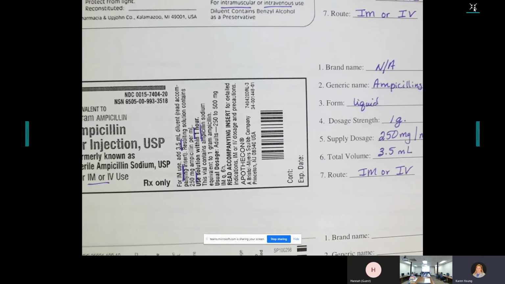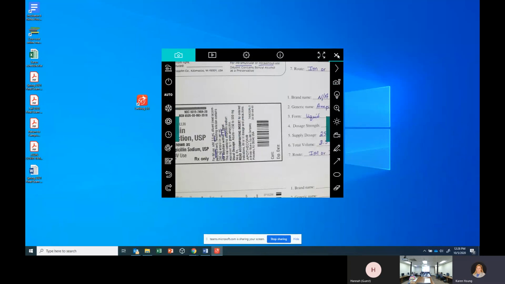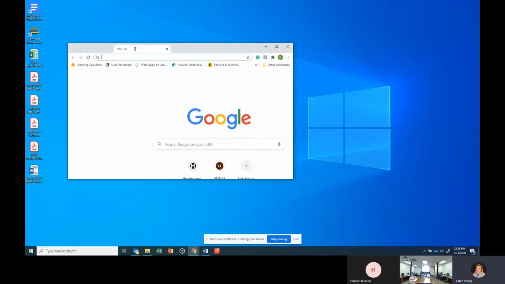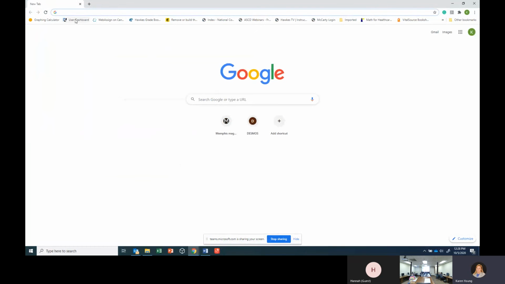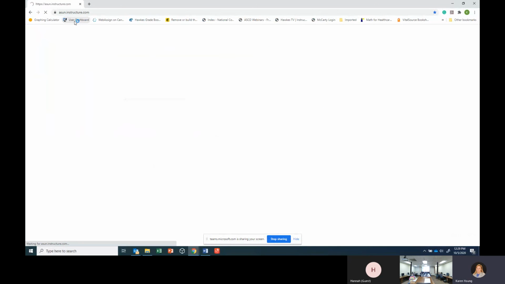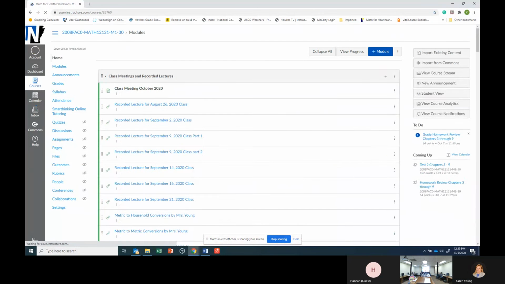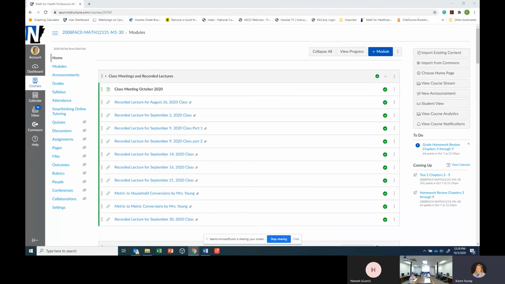I'll flip my screen back. Make sure you see the right screen.